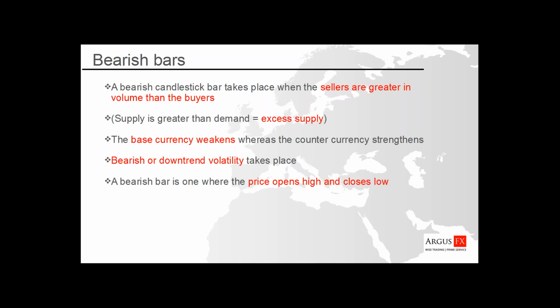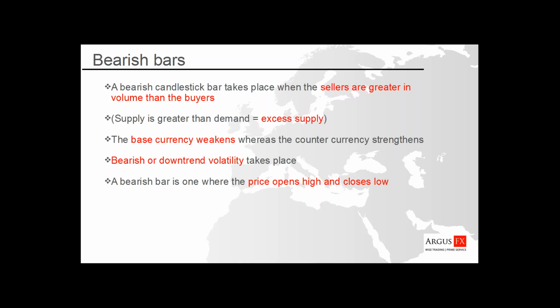In other words, we have the euro dollar. Therefore, in the case of a bearish bar, the euro loses value versus the dollar. It weakens because there is volatility to the downside. Therefore, a bearish bar is one where the price opens high and closes low.